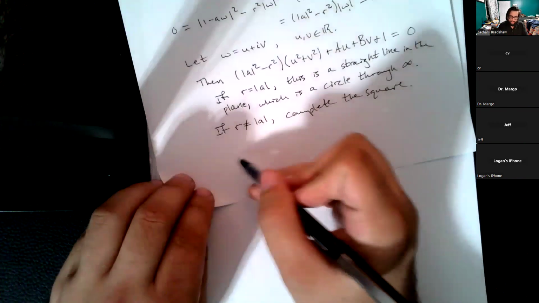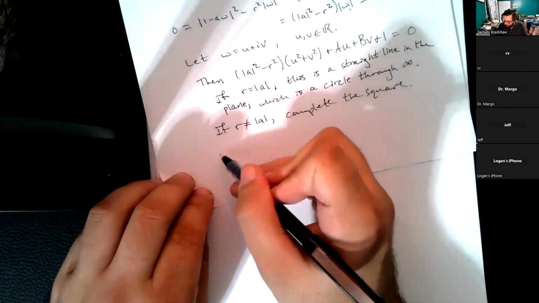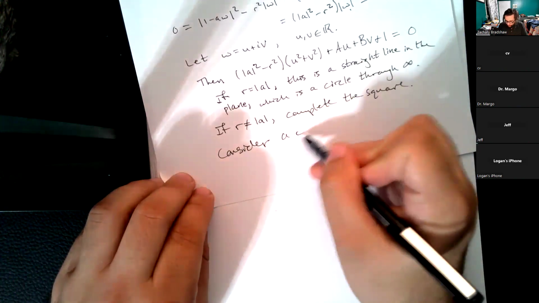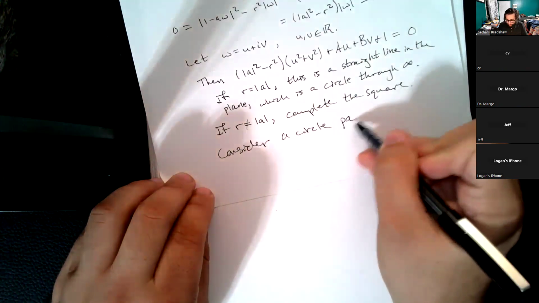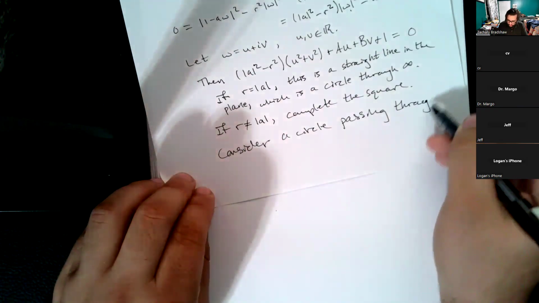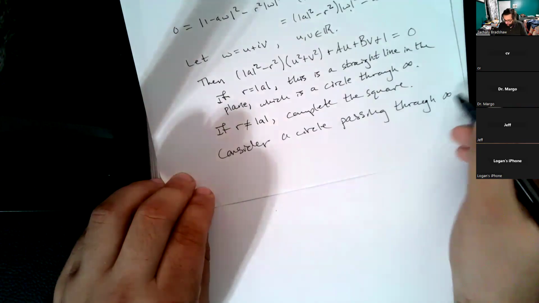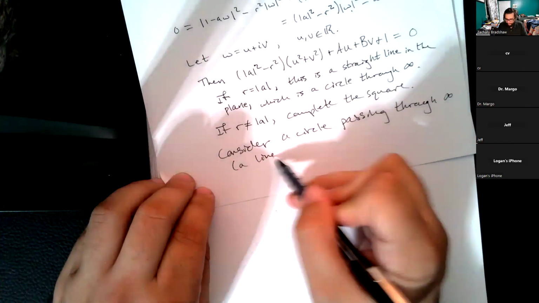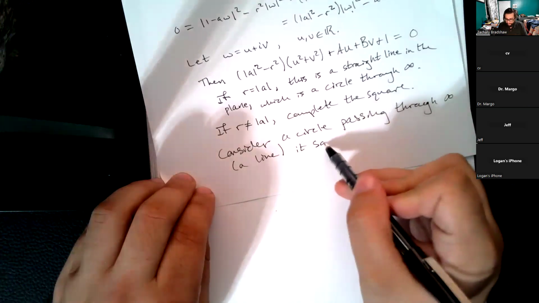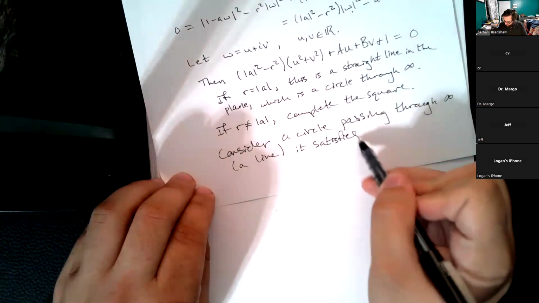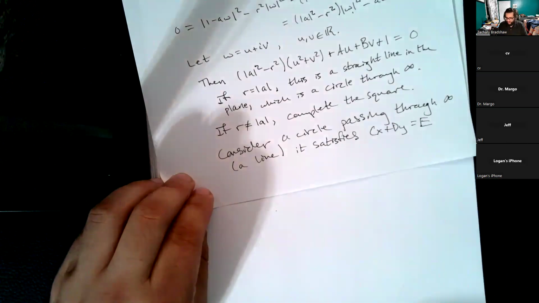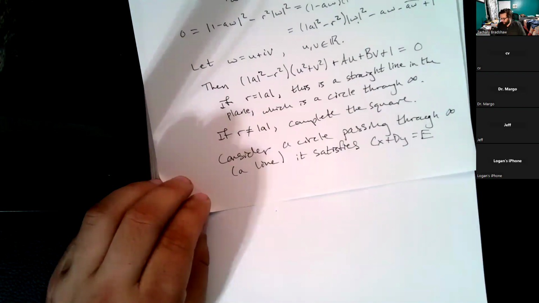And I'll just say that if we consider a circle passing through infinity, so that this is, remember, really just a line, then it satisfies cx plus dy equals e for some constants c, d, and e.